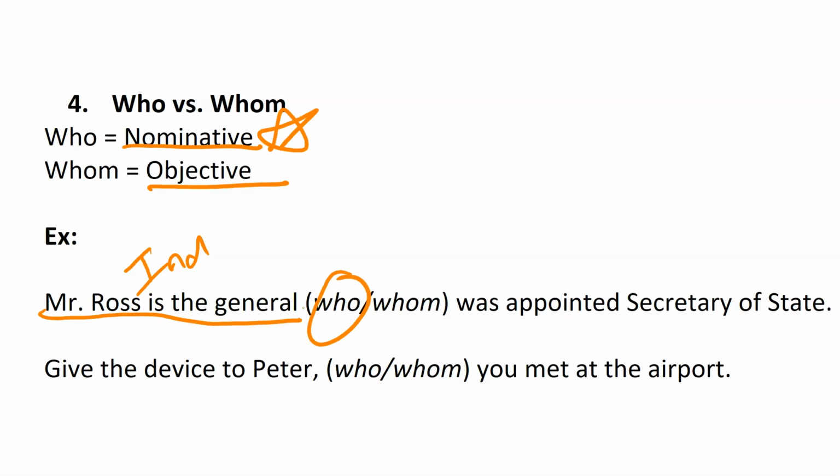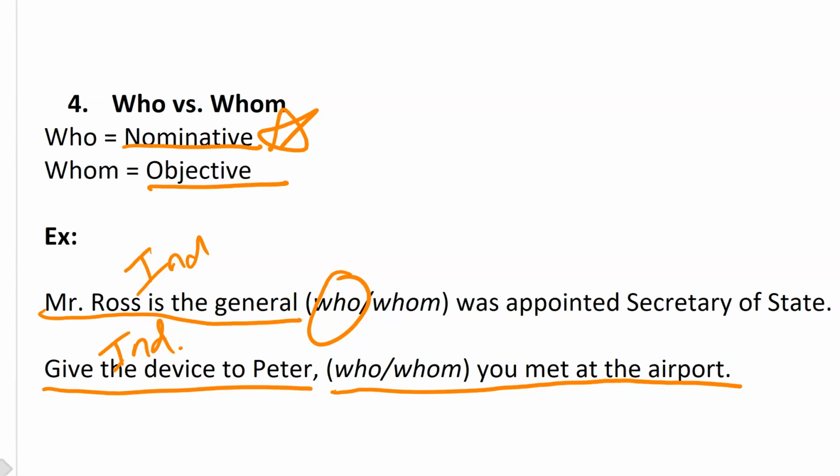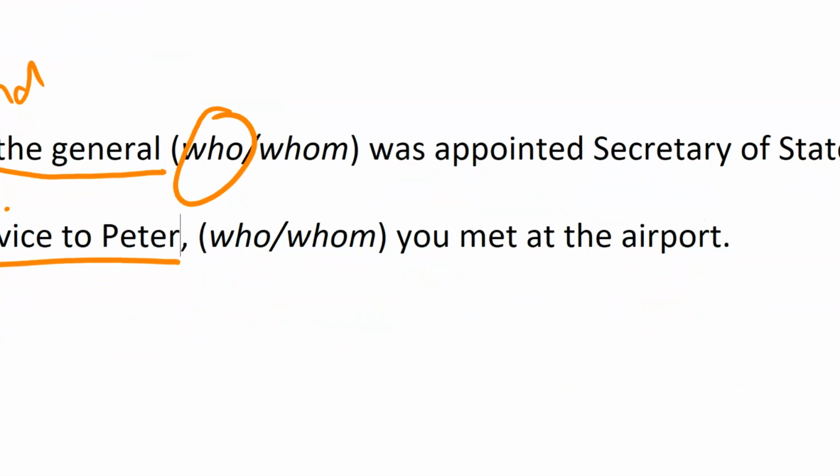Compare that to the second example. Give the device to Peter, who or whom you met at the airport. Give the device to Peter, again, an independent clause. Who or whom you met at the airport is a subordinate clause. So we have to figure out the role of these words in the subordinate clause. So let's look very carefully.